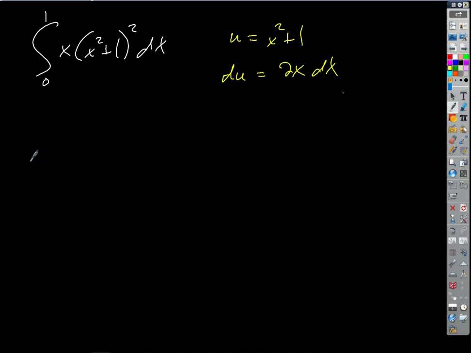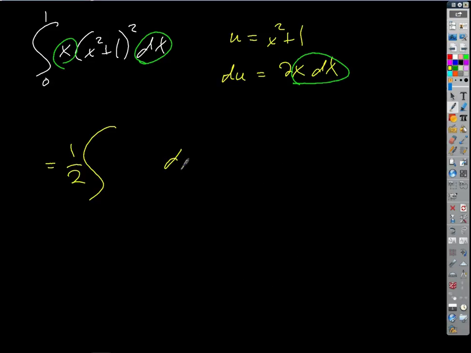So then this becomes the integral of, let's see, this becomes just a u squared, right? But what's all this stuff become? What does my x dx become? Okay, so that becomes a 1/2 du, and this part becomes a u squared, right?